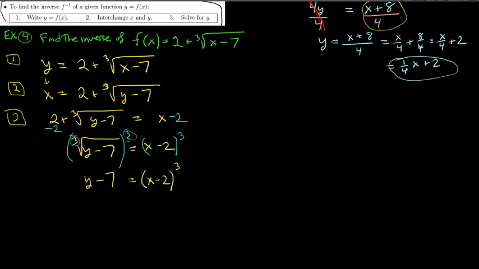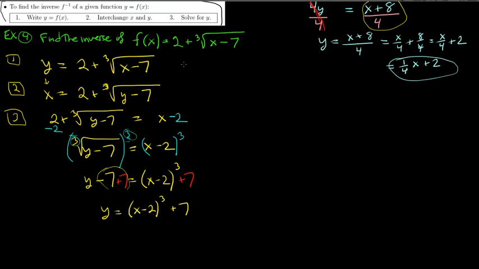All right? Now we're almost done. Now you can actually just add 7 to both sides. Negative 7 plus 7 is 0. So you just get y equals x minus 2 cubed plus 7. And that's the inverse function.